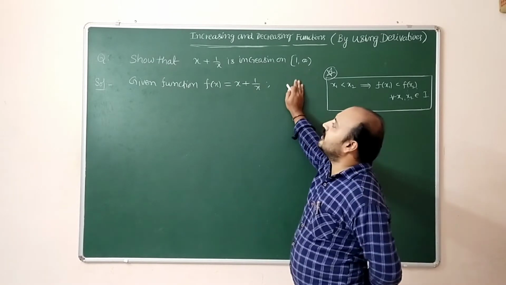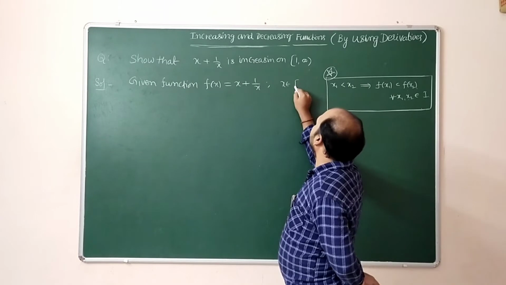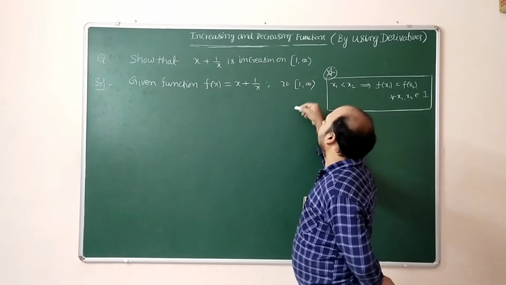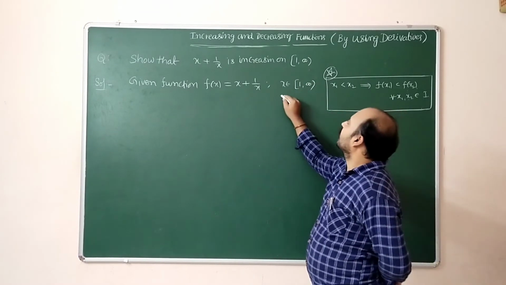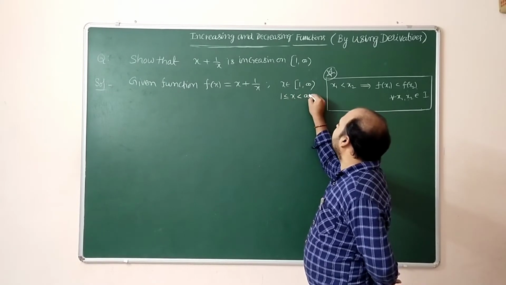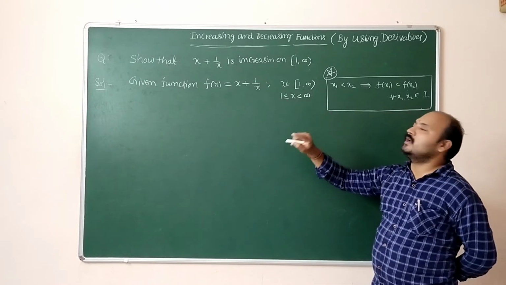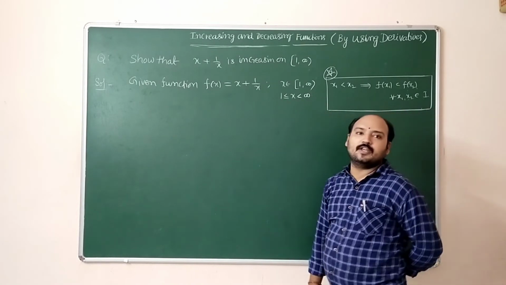In this interval it is increasing. So x belongs to closed 1, open infinity. That means 1 is less than or equal to x is less than infinity. So x may equal 1 or x is less than infinity.